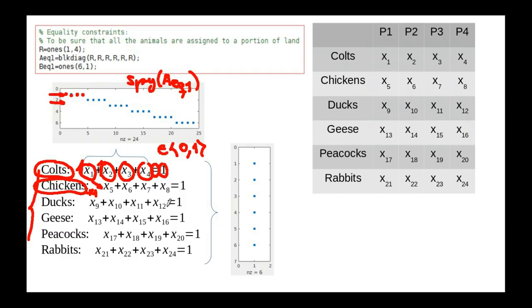For the second equation, I have added 4 positions, so it begins at 5 and it ends at 8, as you can see here, and all the remaining ones. Finally, here, that's the figure for Beq equality 1, which is equal to 1, 1, 1, and so on.